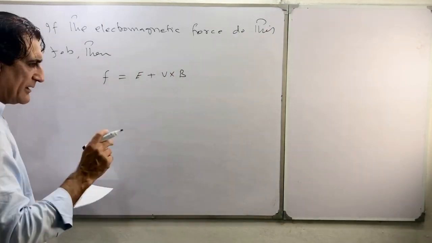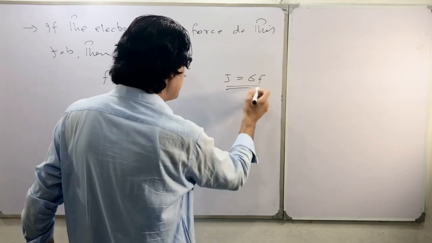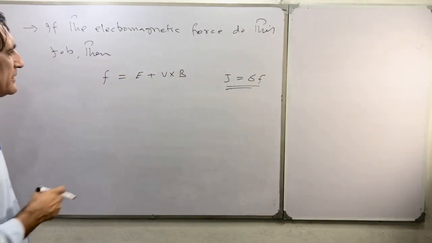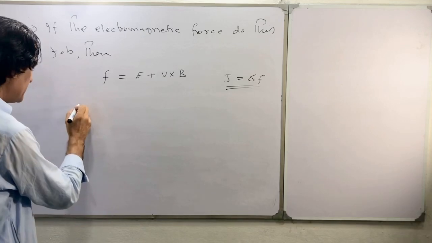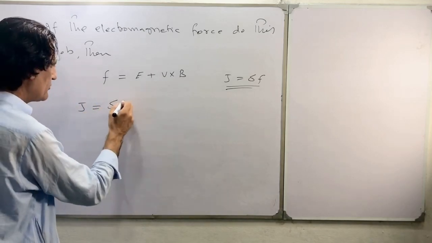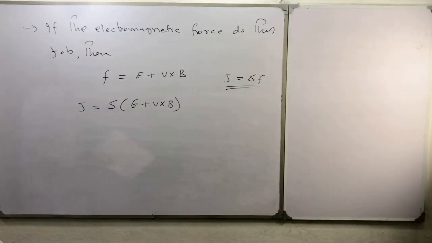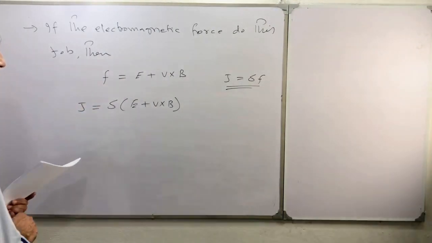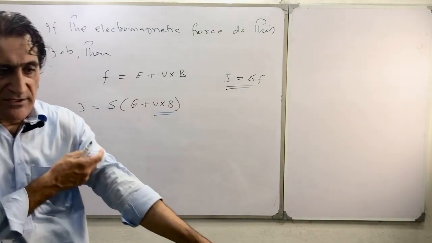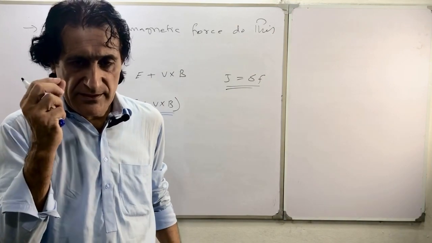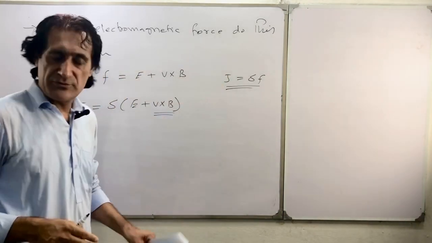Then previously we have defined J, which is equal to sigma F. If we put the value of F in this equation, then J, the current density, must be equal to sigma times E plus V cross B. Now the point is, if V is very, very small, for charges moving at a very small velocity, then the second part of this equation must go to 0.